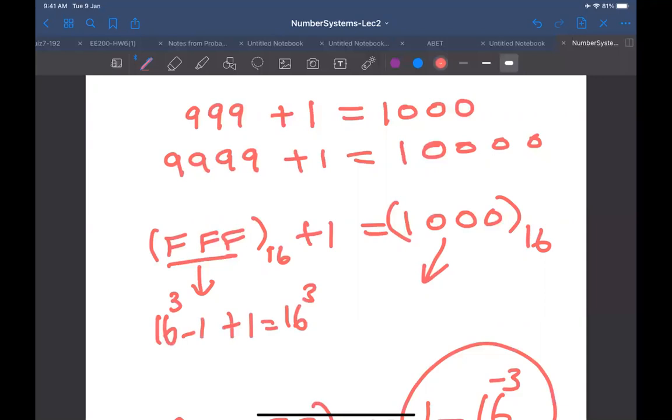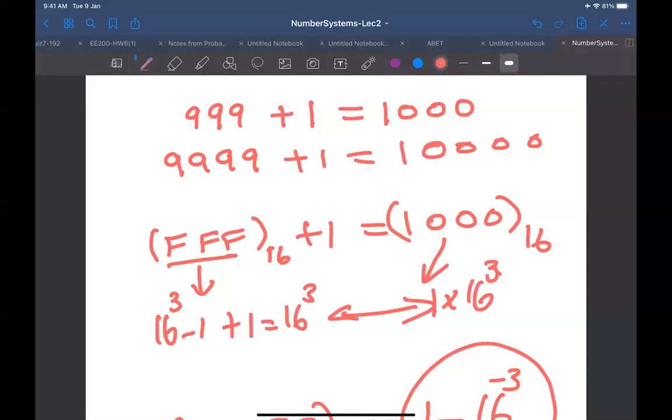And how do you convert this to decimal? It's 0 times 16 to the 0 plus 0 times 16 to the 1 plus 0 times 16 to the 2 plus 1 times 16 to the 3, right? Which is equal to this one. Okay, so these are equal to each other. Okay, do you get that?